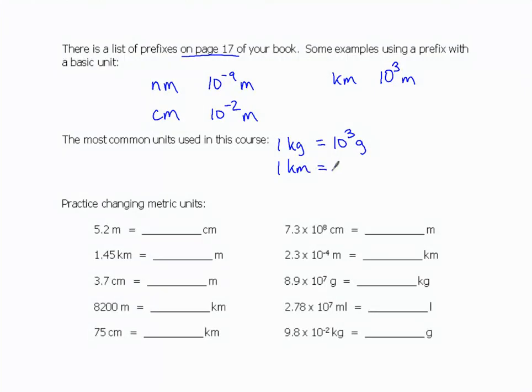Most common units used in this course: the kilogram, that is 10 to the third grams. The kilometer, 10 to the third meters. Centimeters are another possibility, that is 1/100 meters.